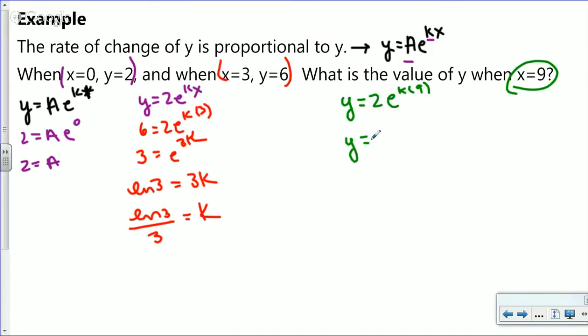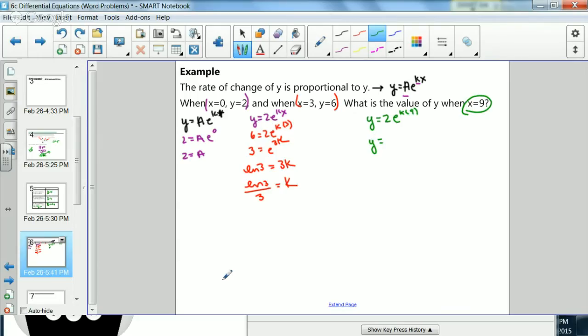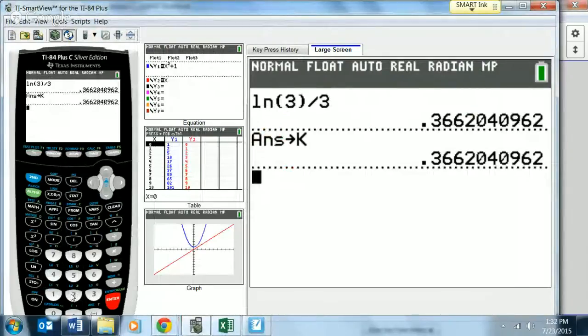So y equals 2 times e to that k value times 9. Okay, so 2 times e to that k value, so I'm just going to do alpha k times 9.